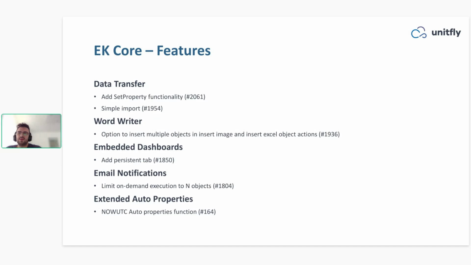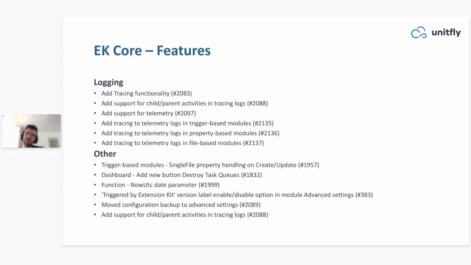And for email notifications and auto properties, for email notifications, we added execution limit to an object specifically, so you can specify how many objects will hit the limit of execution. And in auto properties, we added now a UTC expression that will give you in the property current date time, but specified to UTC 0 time zone.